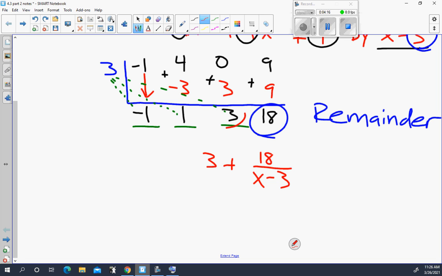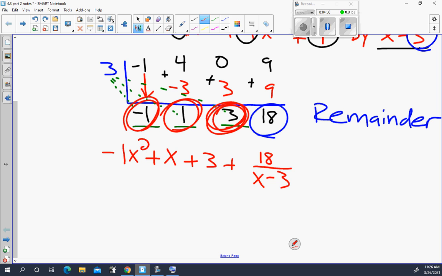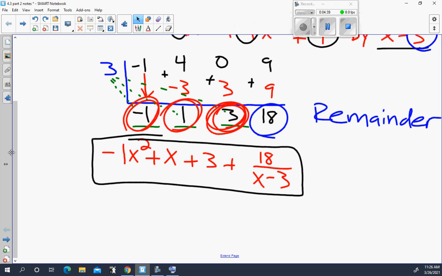What number comes next? This 1, but this 1 has an x attached to it. It's just 1x. And then this is our x squared, negative 1x squared, or negative x squared. I like to work backwards and I write my answers using this division method.